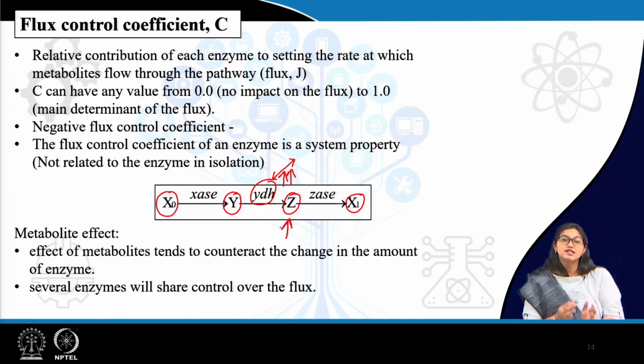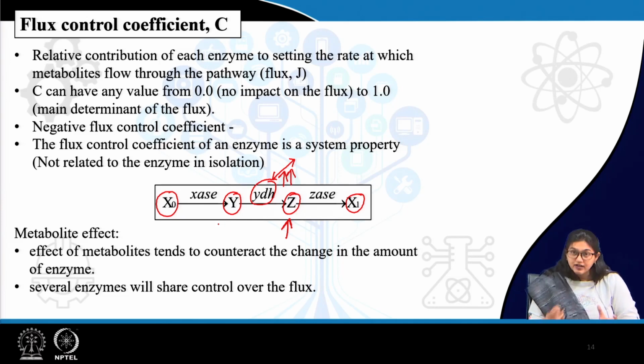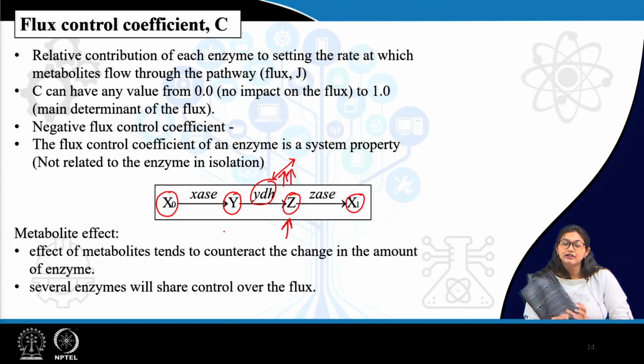So Y will be depleted very soon if YDH is increased. So, the substrate availability for YDH will be low, so the function of YDH will be low, but because the product availability of Z is high, Zase function will be high.